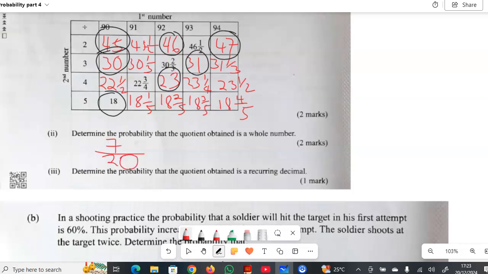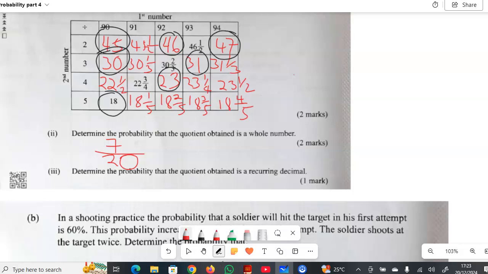Then part 2, we are required to determine the probability that the quotient obtained is a recurring decimal. Recurring here, when you look at our space, is when we are dividing by 3. These others are not going to be recurring. So how many do we have for dividing by 3?